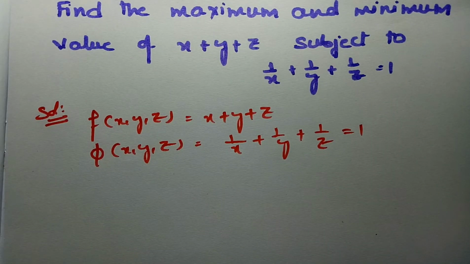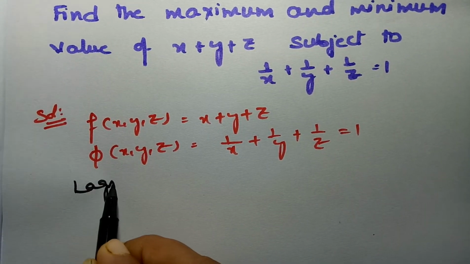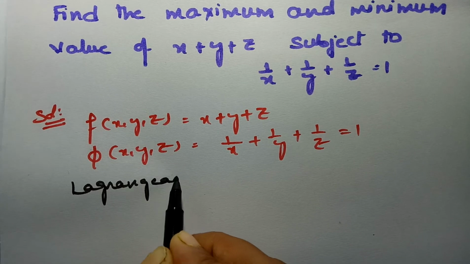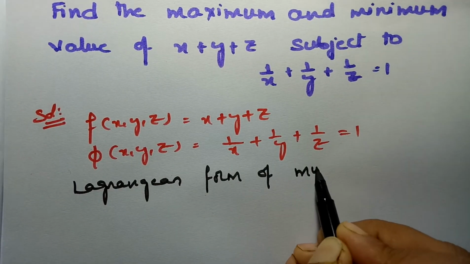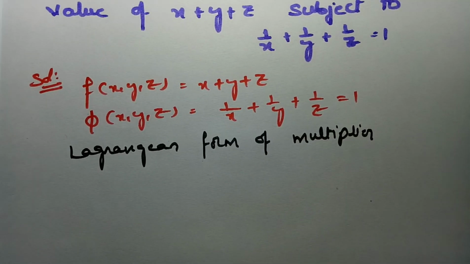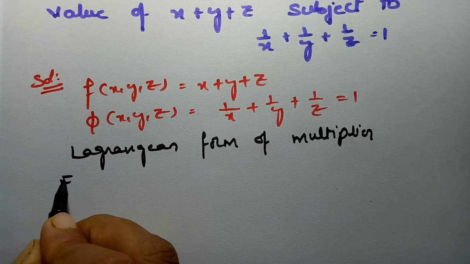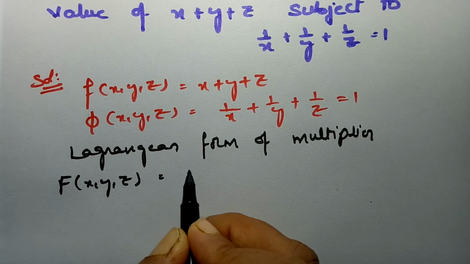The Lagrange's form of multiplier will be of the form capital F of x comma y comma z, this is the new function.